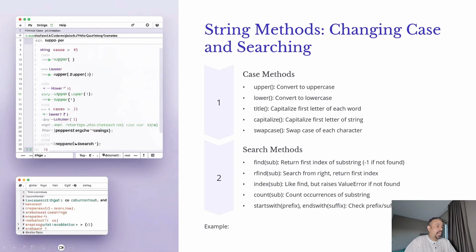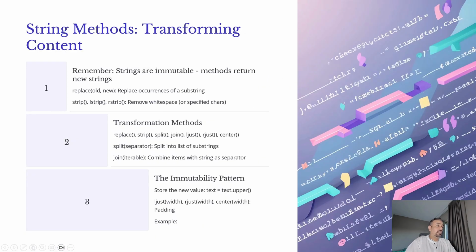Now let's jump back to our slide and see what's next. Again I am repeating, strings in Python are immutable. So string methods return a new string instead of modifying the original, as we saw in our code. Let's explore some common transformation methods around it.